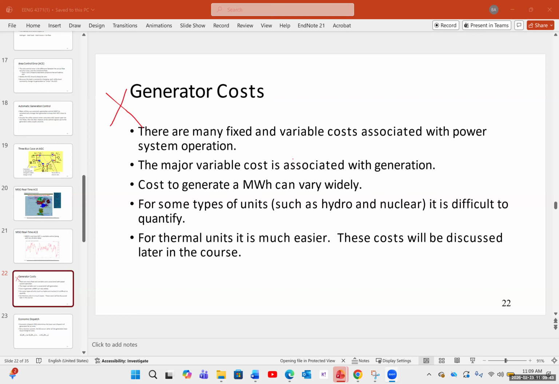Other systems have lower initial capital costs. The CapEx, or capital cost, is lower, but the OpEx, which is operational cost, is higher. An example of a system that requires a smaller initial capital cost is gas and coal power plants. They're much cheaper.